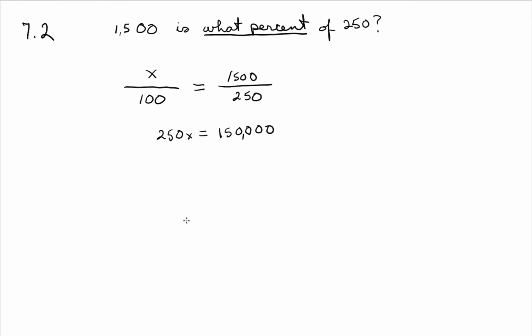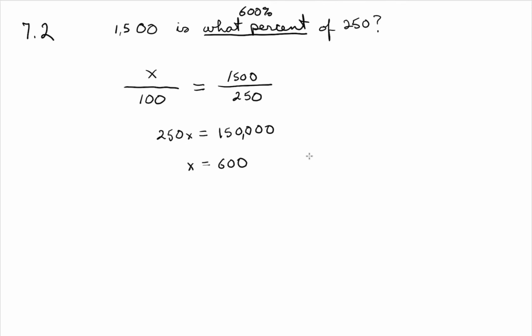It's 150,000. We divide both sides by 250 and we get 600. So we can put the 600 in for the X. We know that 1,500 is 600% of 250.